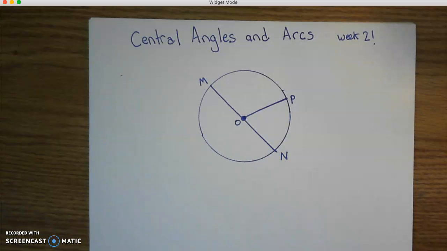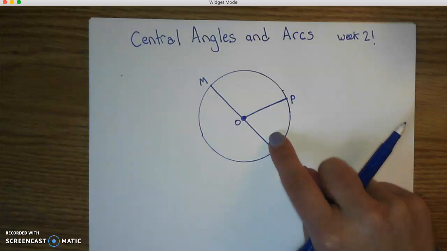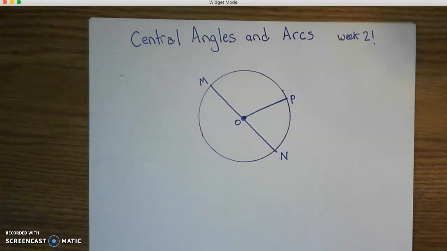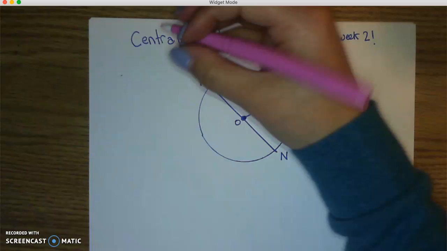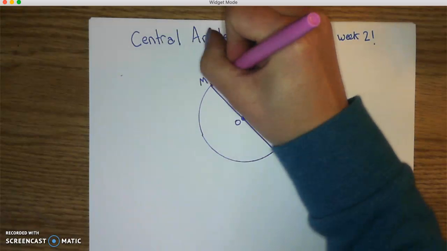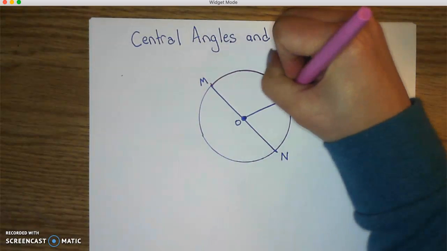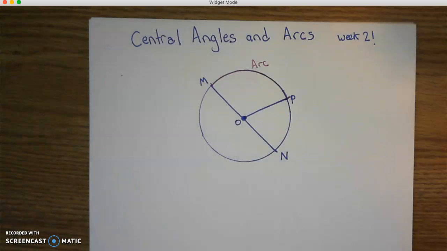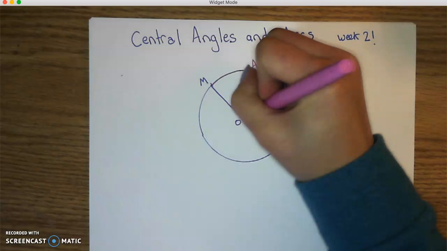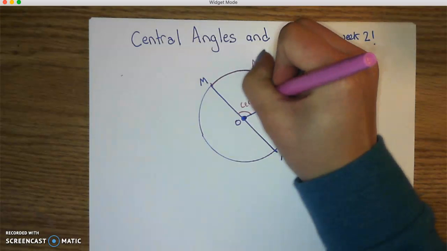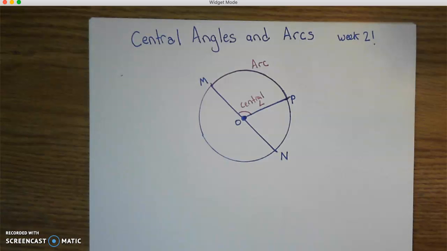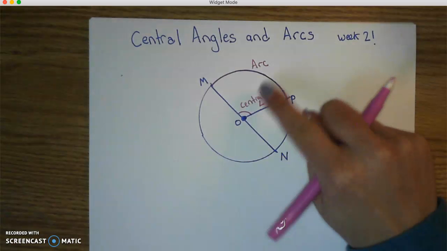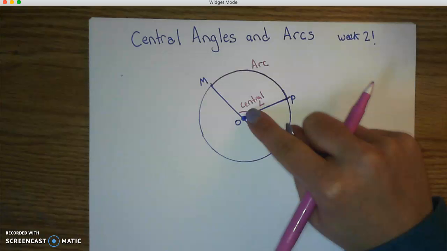But I wanted to remind you what central angles and arcs are and the relationship between them. An arc is this thing right here. It's on the outside between 2 points. This is an arc, and this is the central angle. And the special relationship between an arc and a central angle, do you remember that?